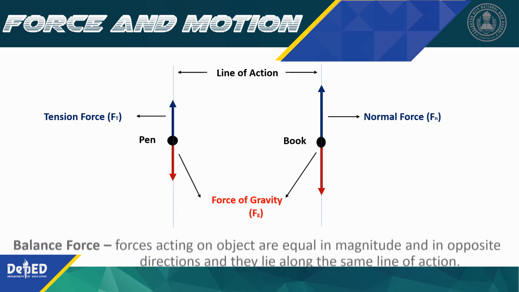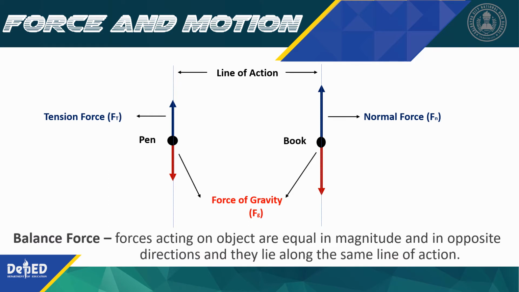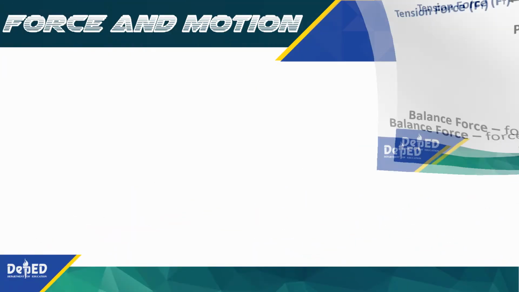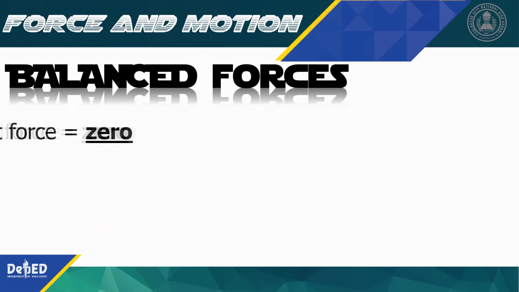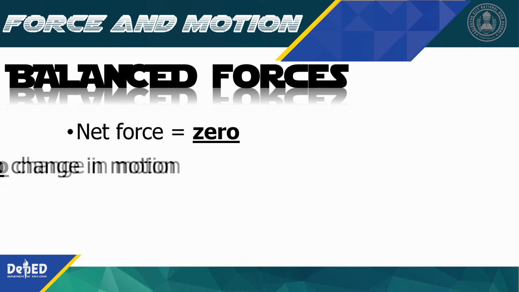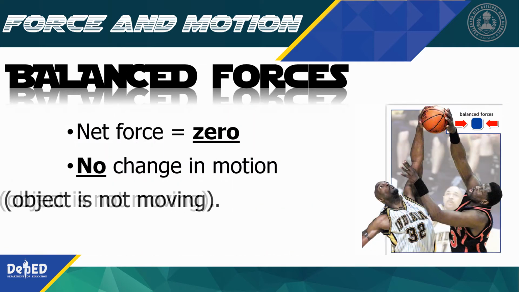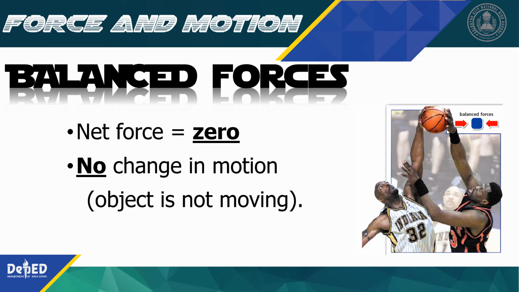Balanced forces are forces acting on an object that are equal in magnitude and in opposite directions, and they lie along the same line of action. In balanced forces, the net force of an object is zero because there is no change in motion or the object is not moving.